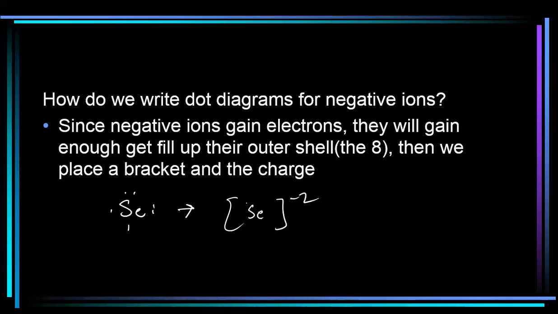Okay, you need to understand, cations are naked, not anions. Anions gain electrons. They don't lose them. It needs to be full of electrons. You've got to put clothes on them.